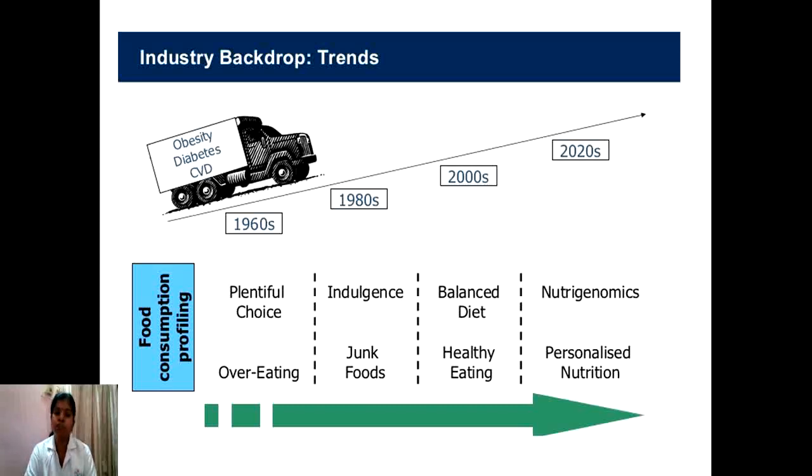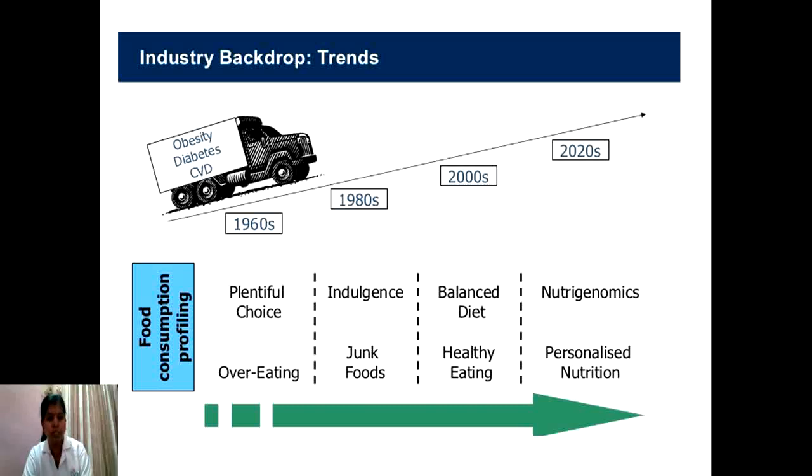When we see the food consumption profile during the 1960s, there were plentiful choices of food, which caused overeating. During the 1980s, there was indulgence in food habits and people were eating more junk foods.